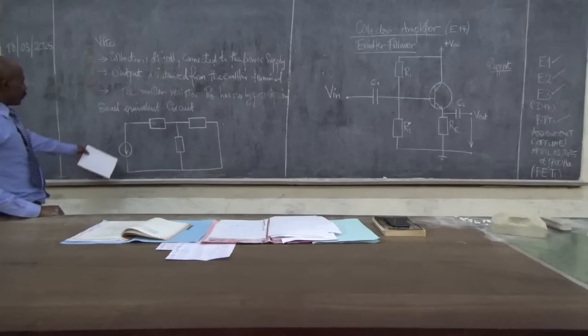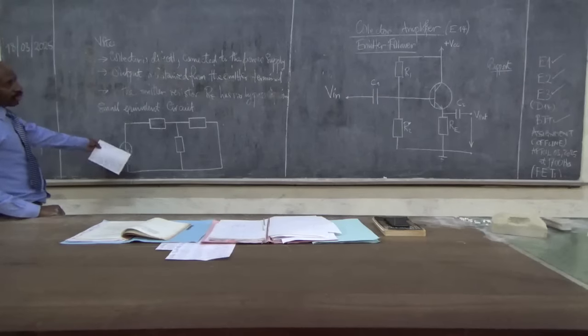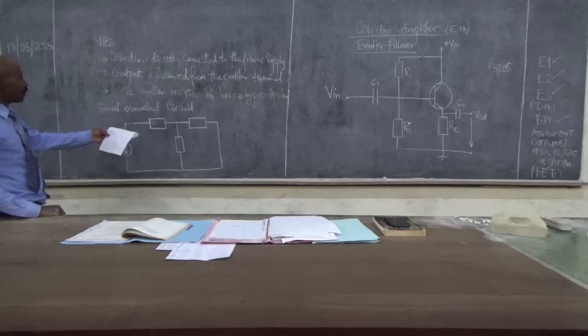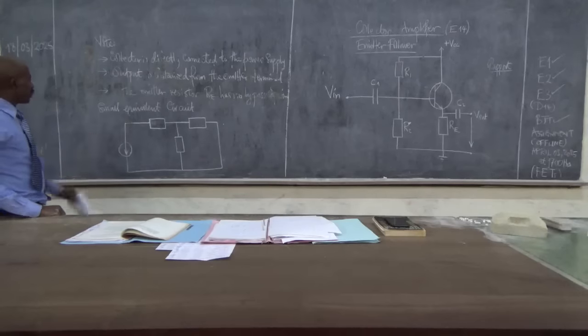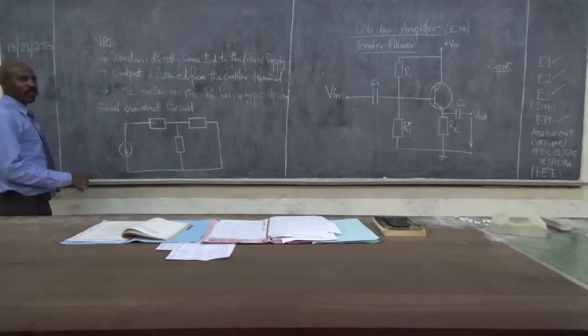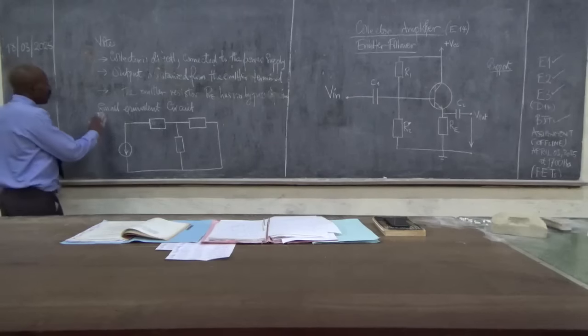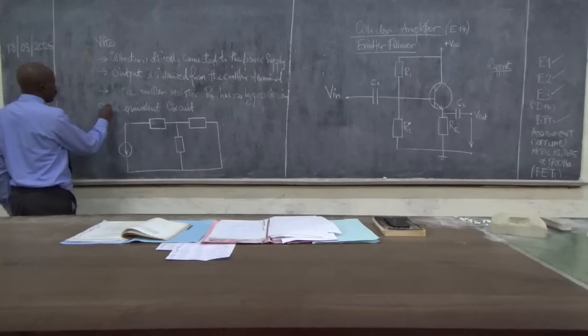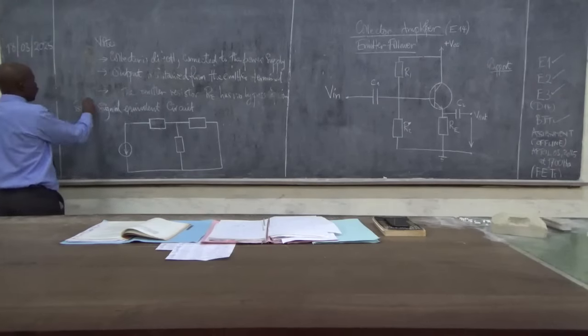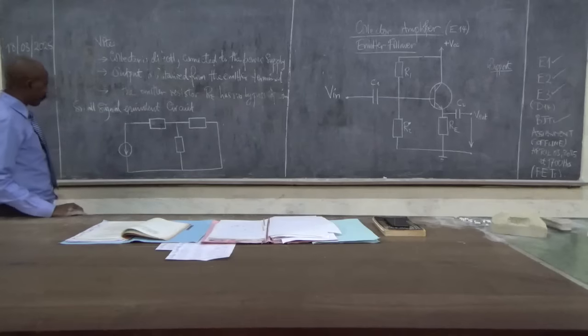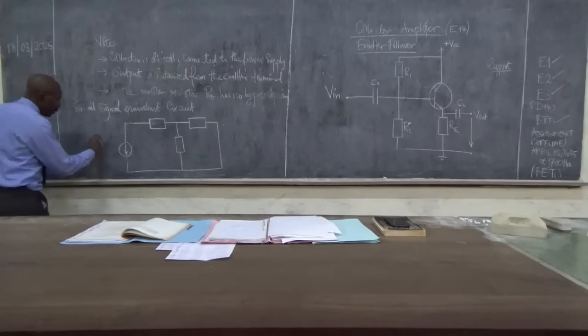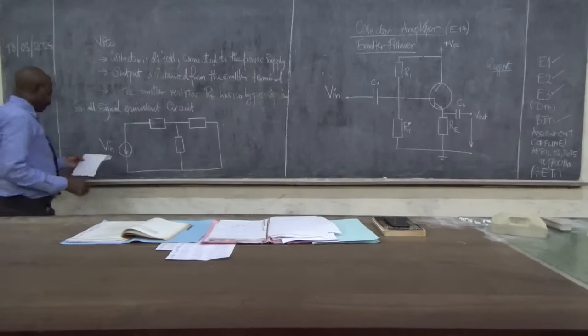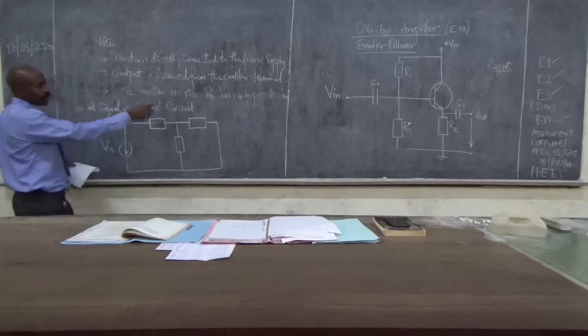So from that circuit, we are now making the small signal equivalent circuit. So this would be our VIN. Then we have the base.